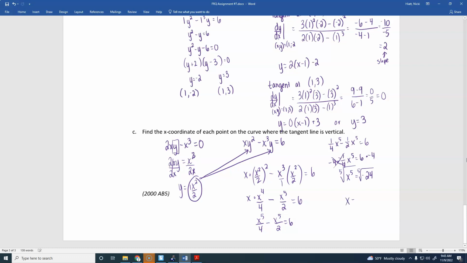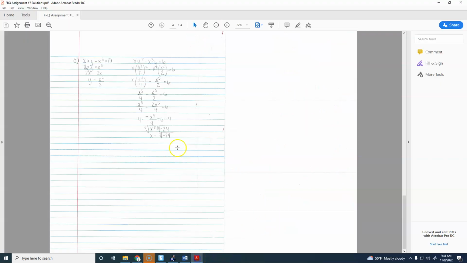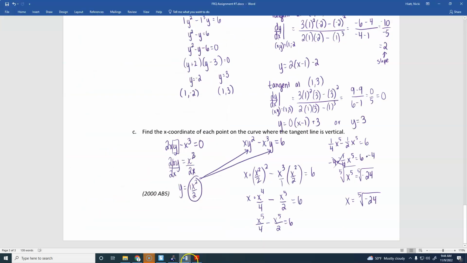So I'll get x equals the 5th root of negative 24. Since it's a 5th root, it does not need a plus or minus. It's just going to be this, and you don't want to try to simplify that. It won't simplify anymore. Let me make sure that's what I left it as. Yes, that's what I left it as on the sheet too. So you just want to leave it as it is.